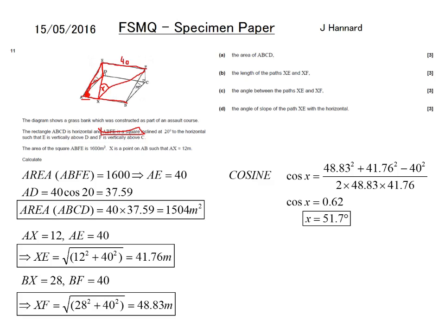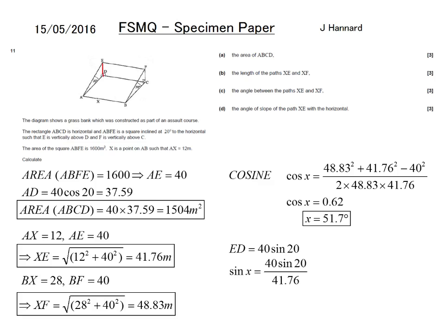Part D then, the angle of the slope between the path XE with the horizontal. So XE is obviously that, and the horizontal is this, I believe. We'll see anyway. So ED in this case is 40 sin 20, that line there.